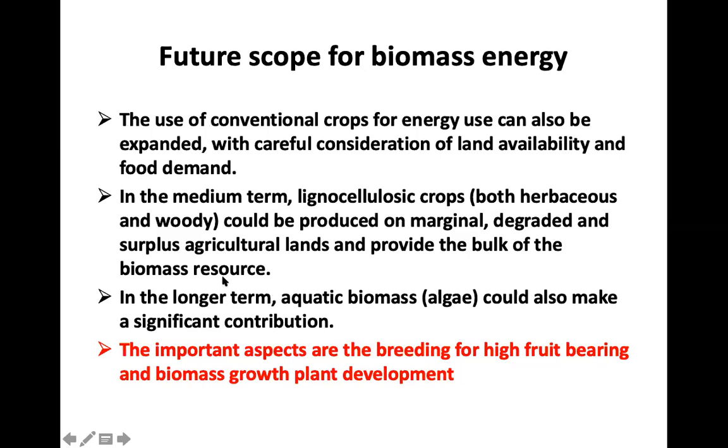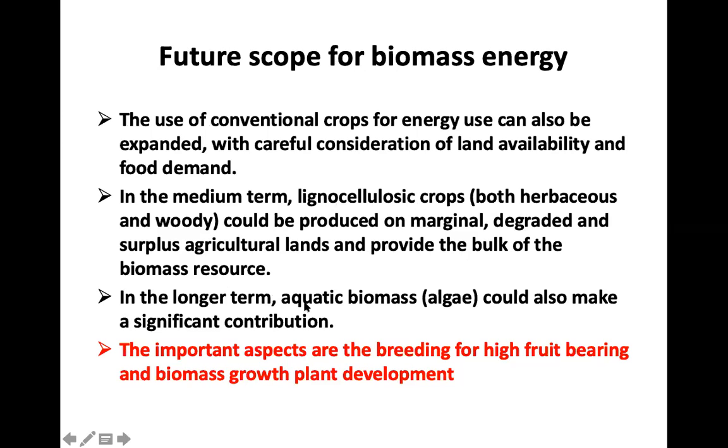Of lignocellulosic crops, we have jute, which grows incredibly well in our land. But I'm not 100% sure whether jute can be used as an energy source. But jute sticks are used in paper making and other purposes.